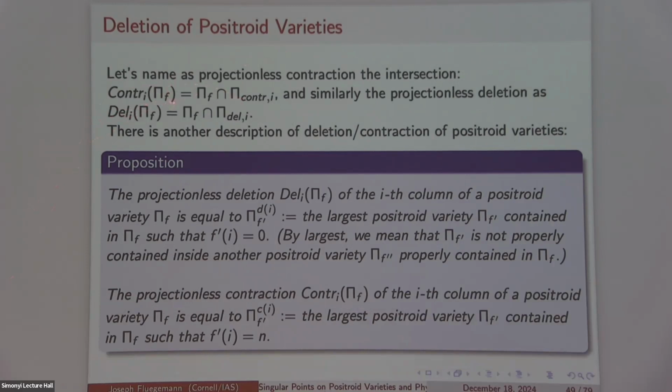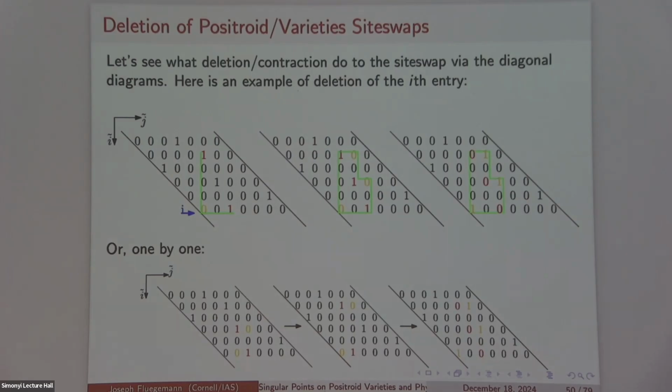and then we can, I guess it's just notation, define the contraction of the ith column of a Positroid variety as just being the intersection with that Positroid variety. So in terms of the bounded affine permutation, what the deletion does is it comes up with the smallest number of these swaps in order to put a 1 in the very left of the column.